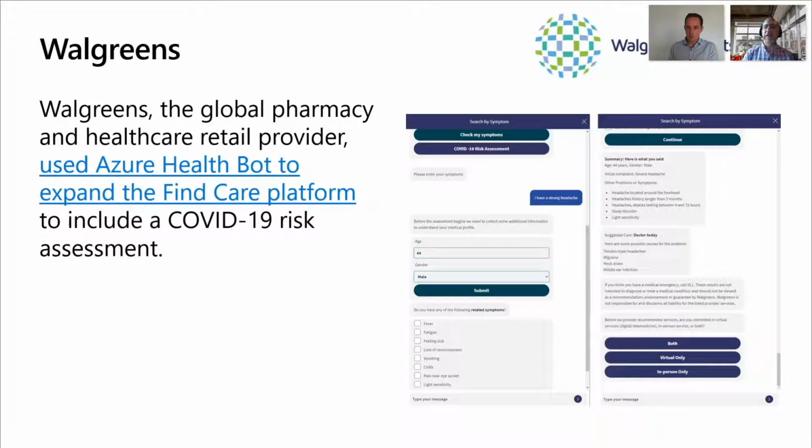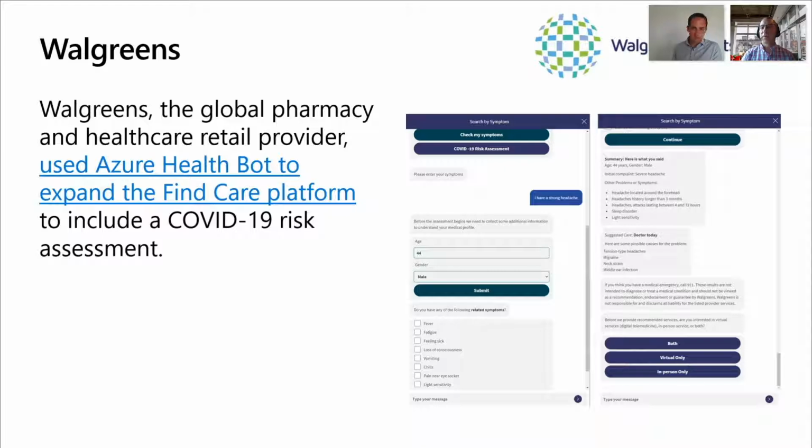And then the last use case I'll talk about here is Walgreens, Walgreens Boots Alliance. Here in the US, they go under the Walgreens brand, and they're a global pharmacy and healthcare retail provider. They use the Azure Health Bot to expand on their Find Care platform.